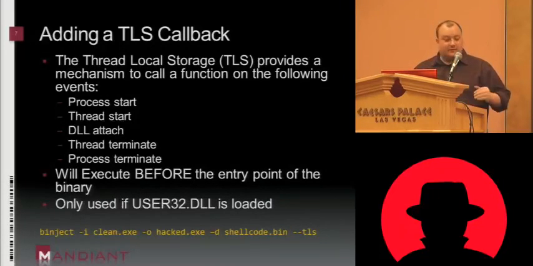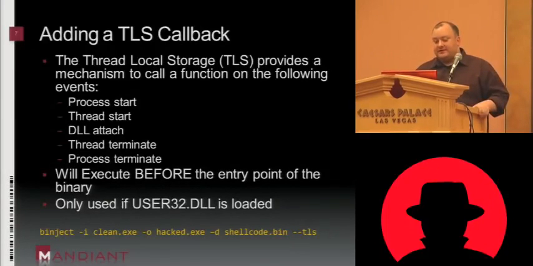So if you attach a little piece of malicious code to a TLS callback in a binary, you have full access to do anything to that process before anything in the binary runs. If you wanted to have some anti-VMware or anti-debugger detection, TLS callbacks are a pretty novel place to put that, because when you open it up in OllyDbg with default settings, the TLS callback has already executed.